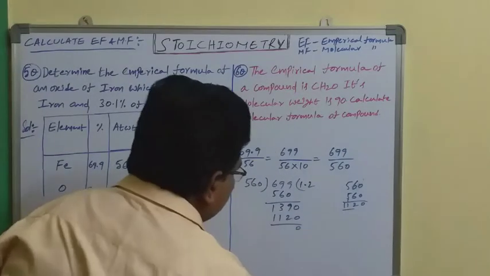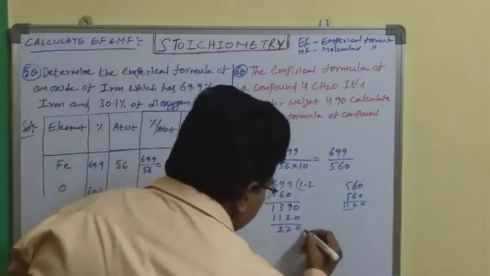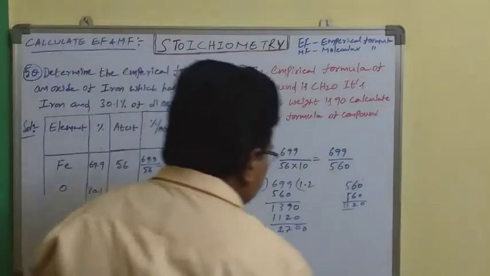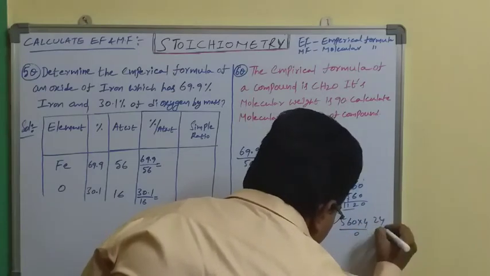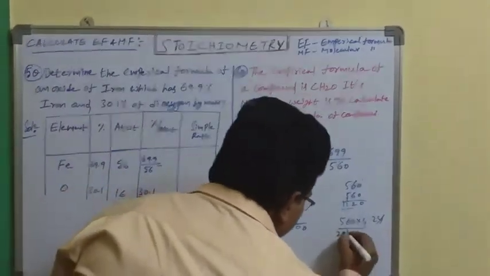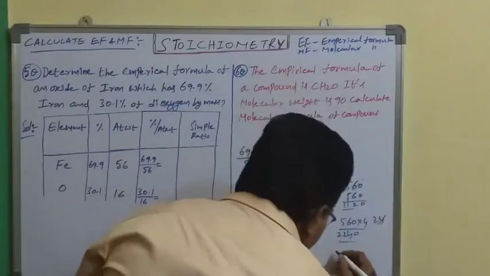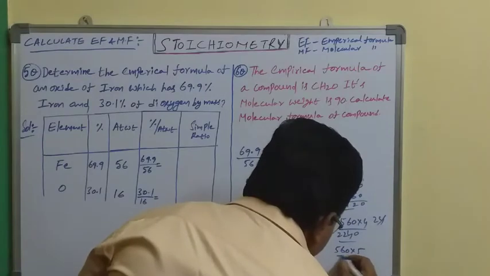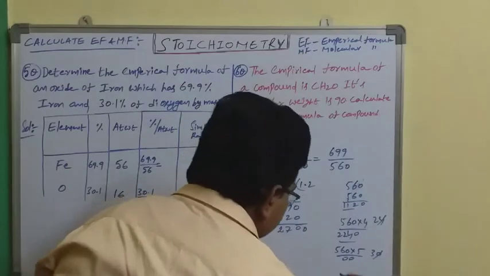Then 0, 9 minus 2, 7; 3 minus 1, 2, 0. 564s are: 4, 0, 0, 4, 6 are 24, 5, 4 are 20, 22. 565s are: 500, 5, 6 are 30, 5, 5 is 25, 28.